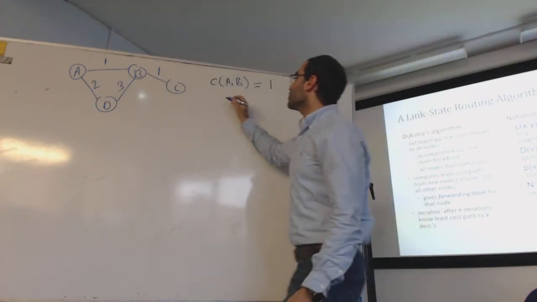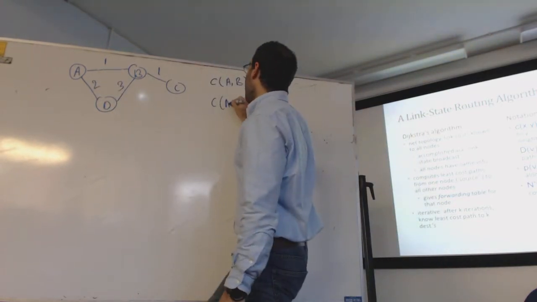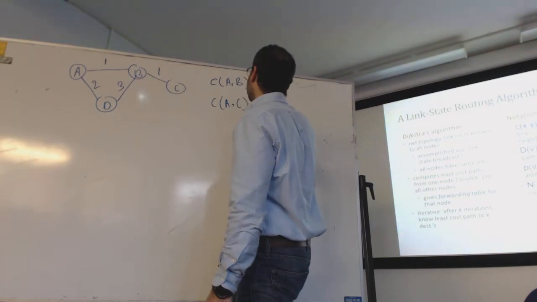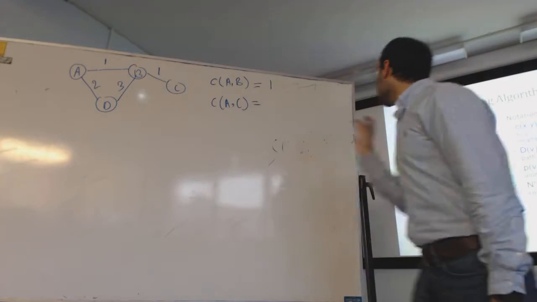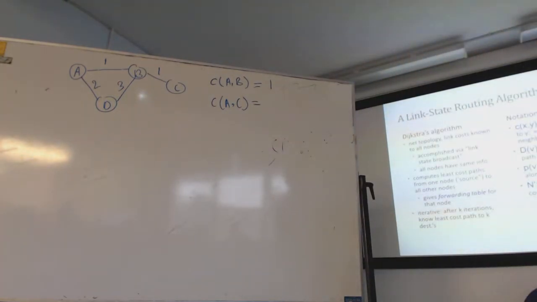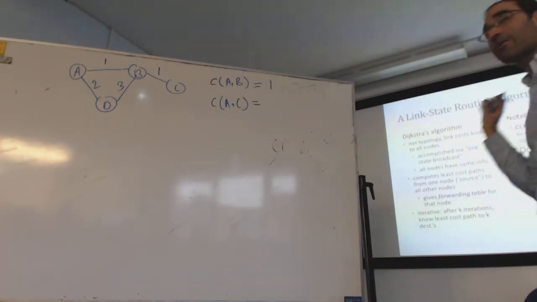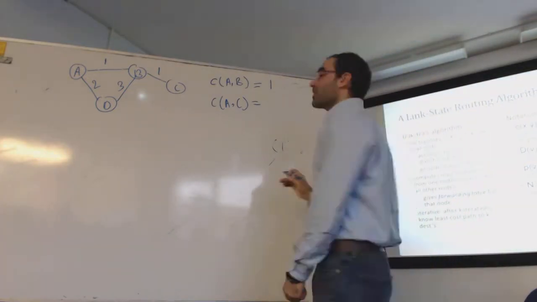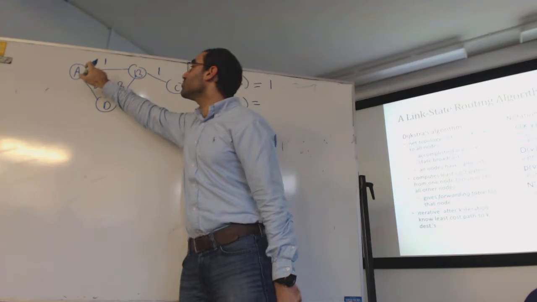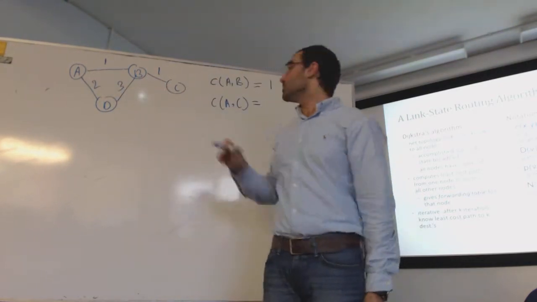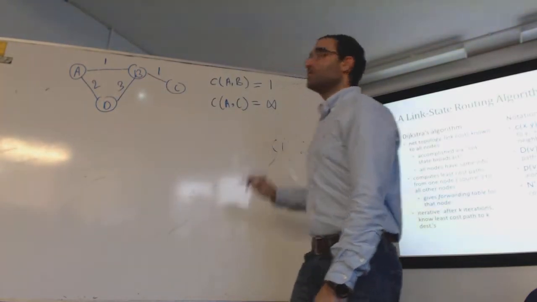If I ask, what's the connection between A and C? Be careful. The question says, link cost from node X to Y. If it's not directly connected, there's no direct connection, so we put an infinite value. Is there a direct connection between A and C at the moment? So the value should be infinite.